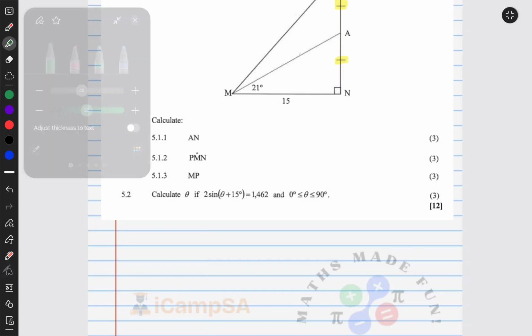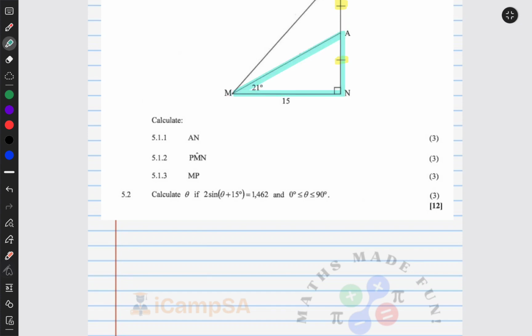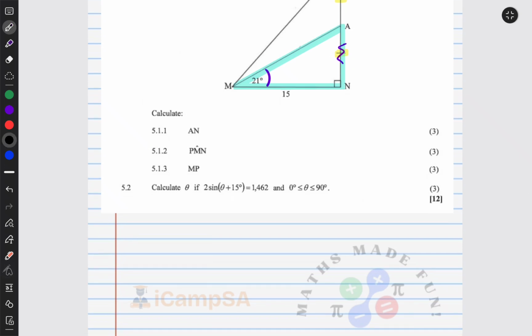Let's just focus initially on the triangle MAN, because we're looking for that side. Which side? We're looking for AN, and we have this angle of 21 degrees and the adjacent side there, which is 15. We are looking for the opposite side. We have an adjacent side and the angle. Which trigonometric ratio includes the opposite and the adjacent side? That is the tan ratio. So tan 21 degrees is equal to the opposite, which is AN, over the adjacent side, which is 15.